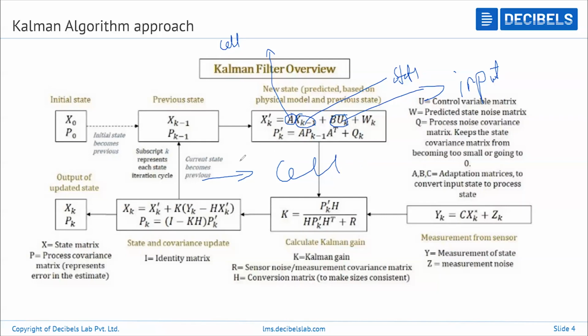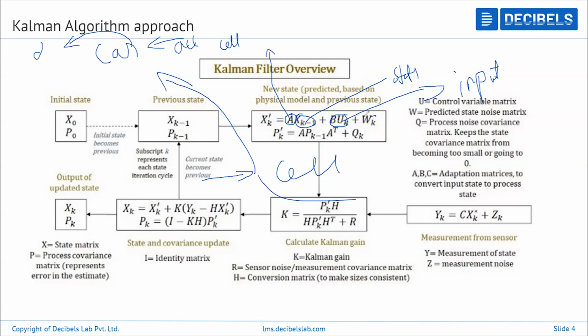Similarly, take the example of the car. My final agenda for the car is to find the displacement, the position of the car. If the position has to change, what could be the input? The acceleration is the input, right? So similarly, for the cell, current will be the input, and that is multiplied.